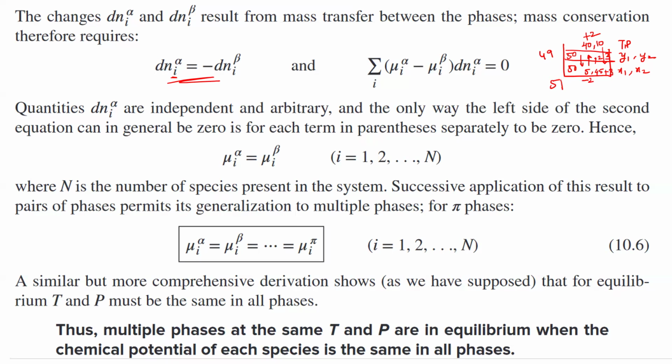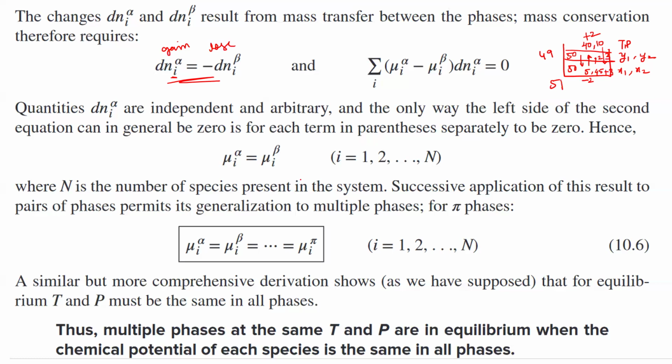But the transfer of a specific component or species between phases, they are exchanging the same material. So that's why this is dNI alpha, the same as gain and lose, or the opposite also. That's why the minus sign is used here.